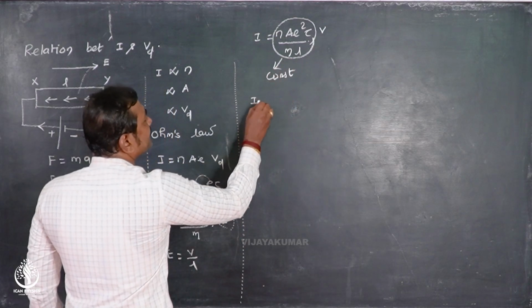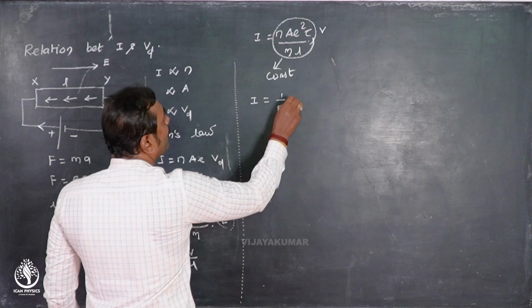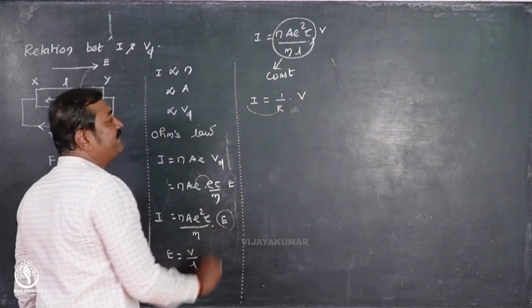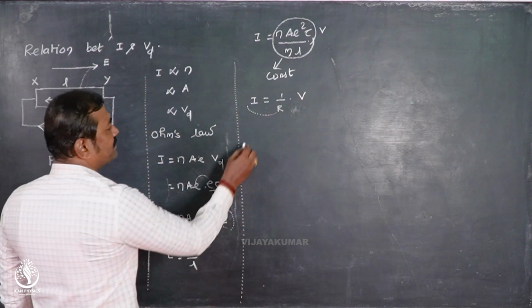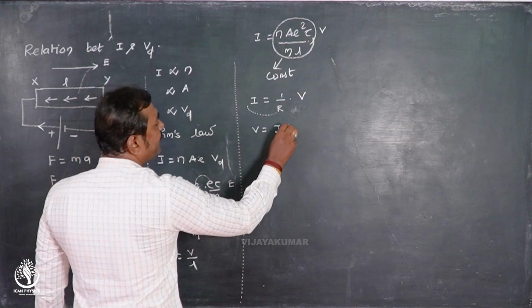That constant is taken as I equal to 1 by R into V. Now the division R comes as multiplication, so V equal to IR.